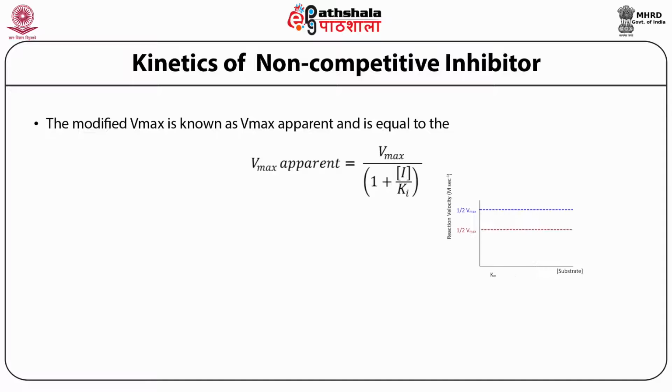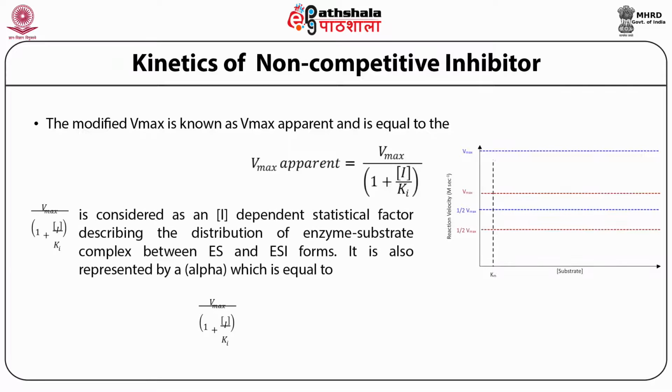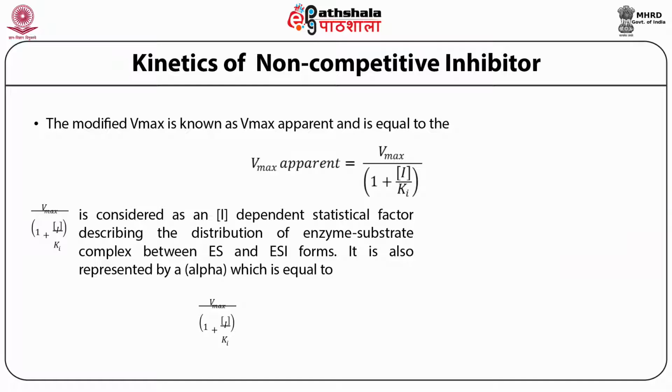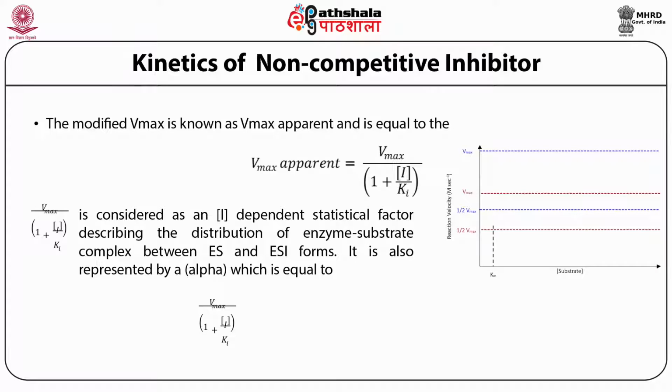So this factor, 1 plus I upon Ki, is considered as an inhibitor dependent statistical factor describing the distribution of enzyme substrate complex between ES and ESI form, and it is also represented by alpha.